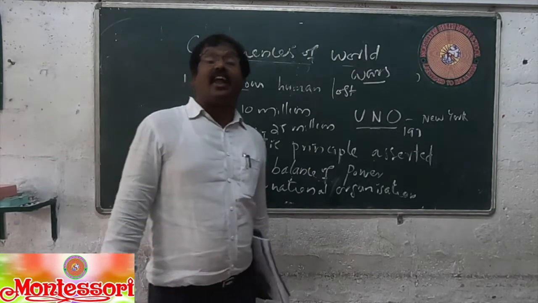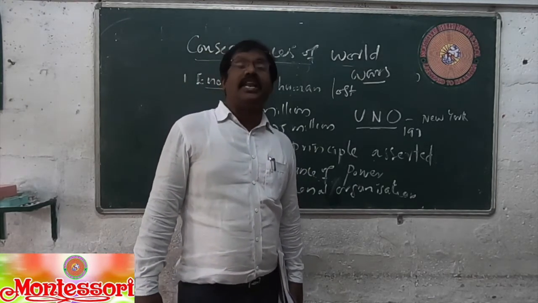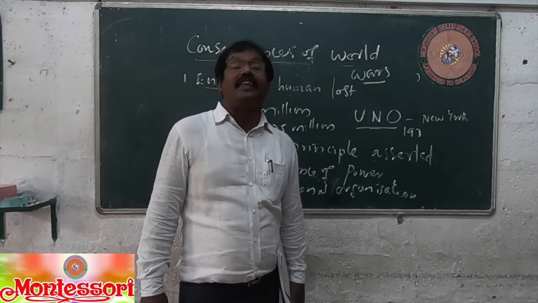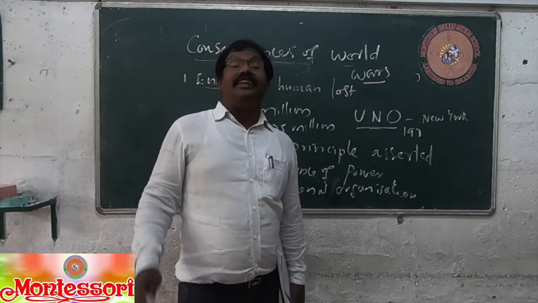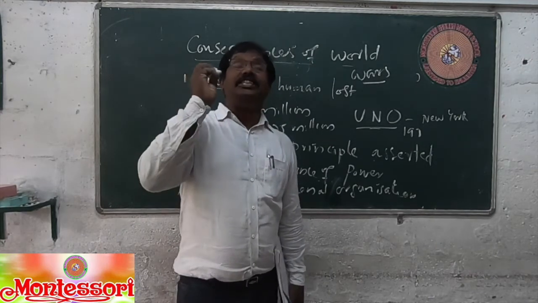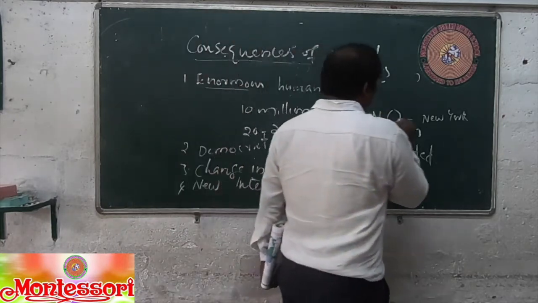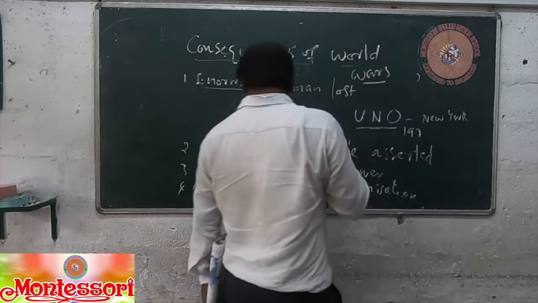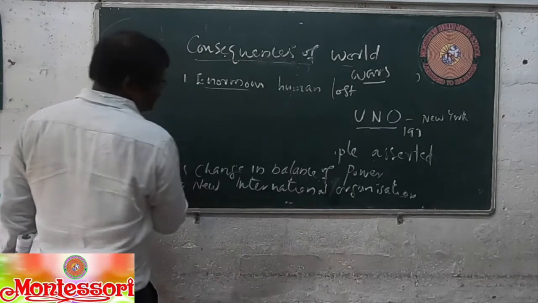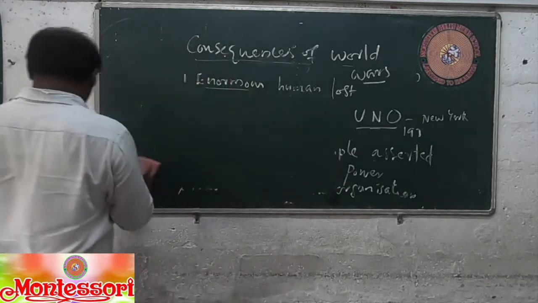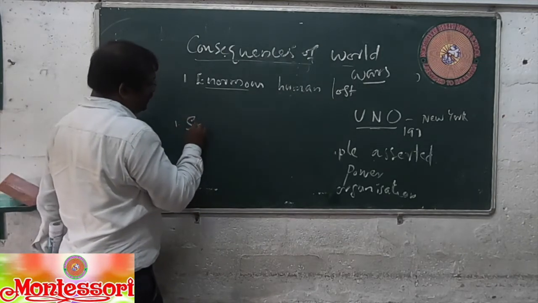We can see the Secretariat, International Court of Justice, Social and Economic Council, Trusteeship Council, Security Council, and General Assembly. These 6 organs are there under UNO. Let me write the names of the organs of UNO. First, Security Council.